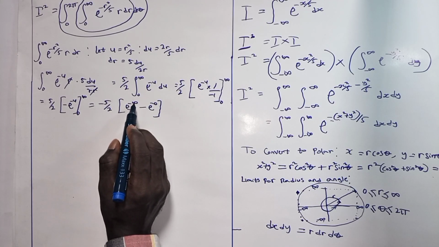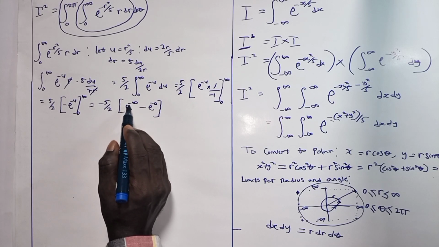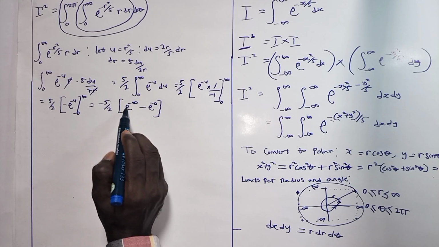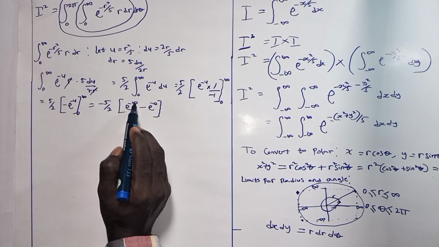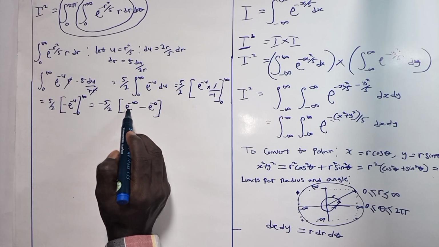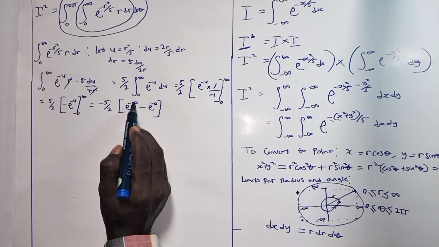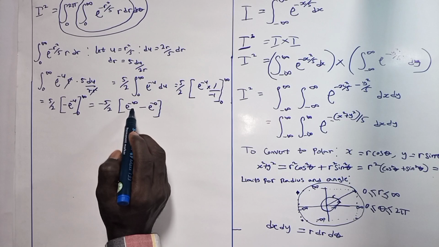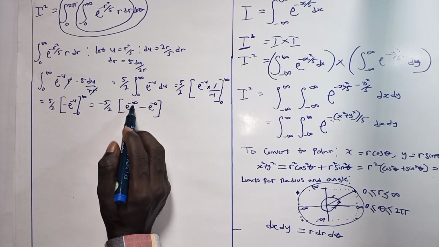Coming to this negative infinity, exponential raised to power of negative infinity will give us 1 over exponential of positive infinity, which gives us 1 over infinity. So 1 over infinity is 0.